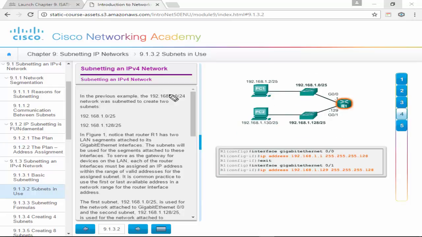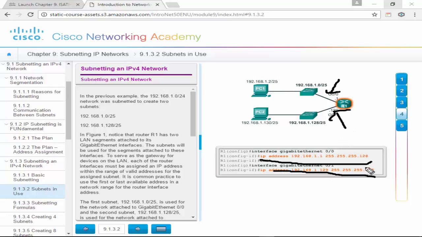Alright, so now, hopefully you guys remember this command, but here's how we assign an IP address. So we have interface G0/0, ip address 192.168.1.1. Why? Because that's the first usable host on this one. And then we assign 192.168.1.129, first usable host on this one.